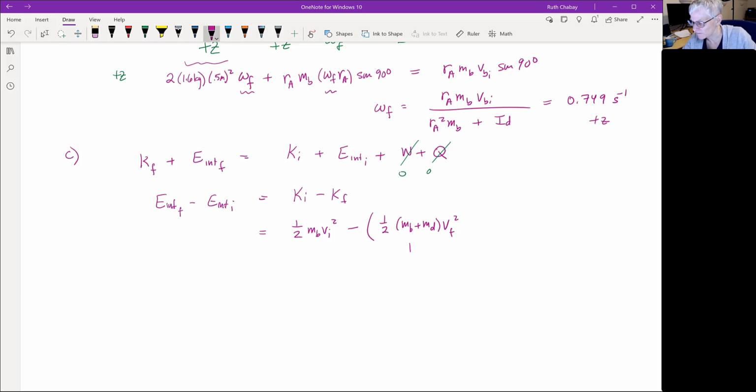So this is K trans. And then we have the rotational kinetic energy of the dumbbell, which is just half I omega final squared. And then we have the rotational kinetic energy of the bullet, which is a half times the mass of the bullet times its speed squared, which is R sub A omega final squared.